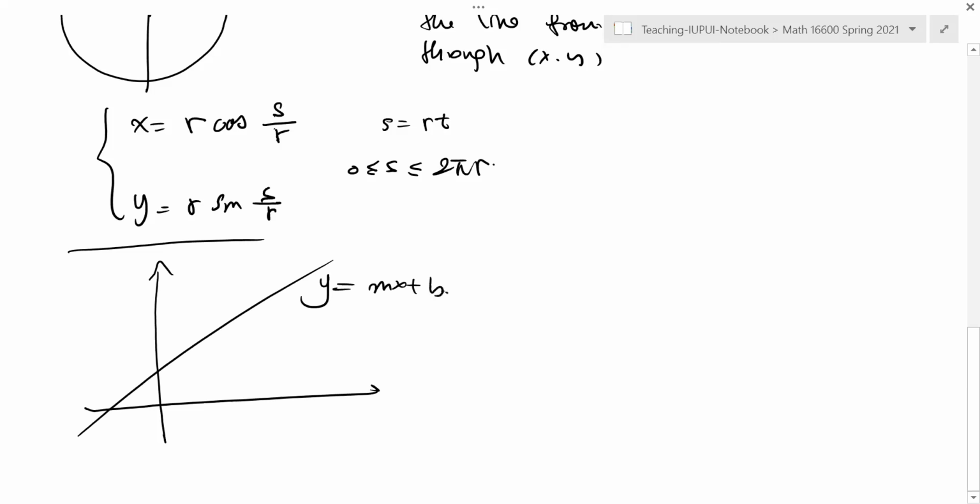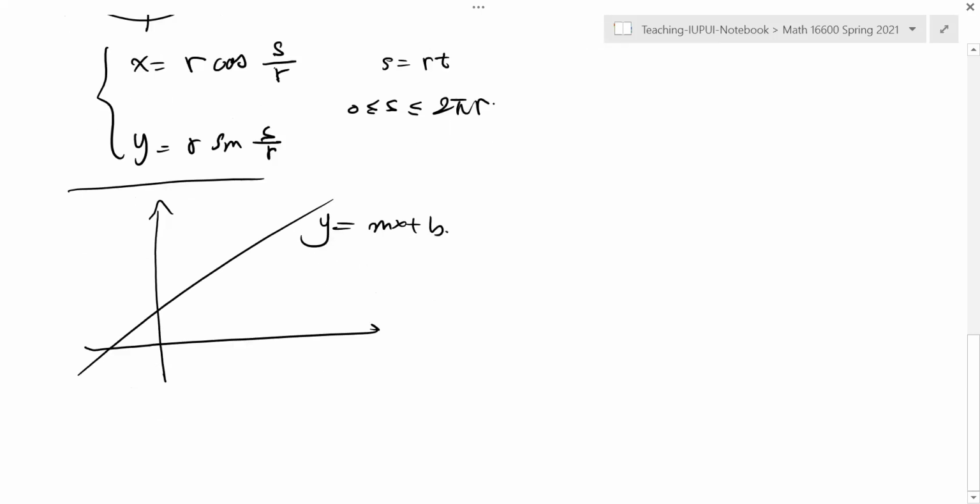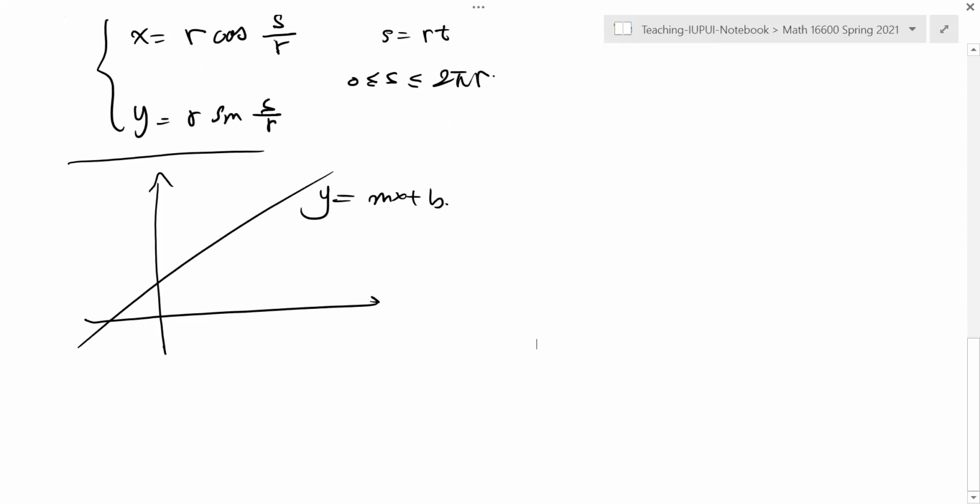That's a typical one. The easiest parameterization is let x be t, then y is mt plus b. That's fine.